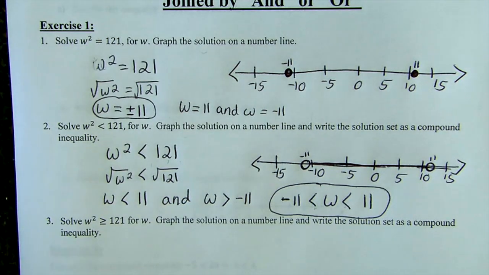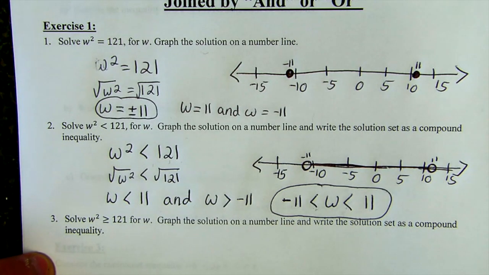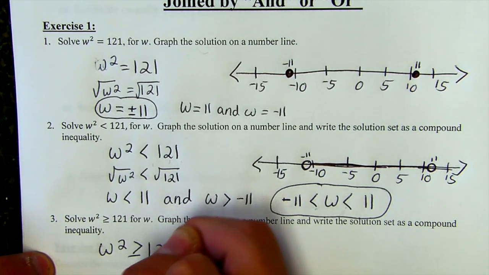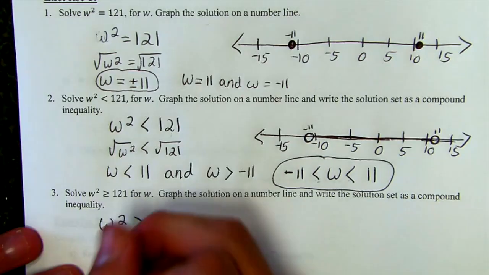Now we can also solve w squared is greater than or equal to 121. Let's do it the same way. So we have w squared is greater than or equal to 121. And if we want to solve that for w, we're going to have to take the square root on both sides.